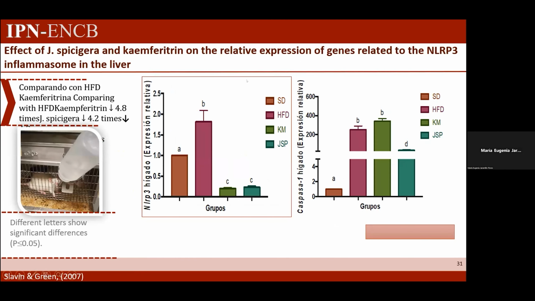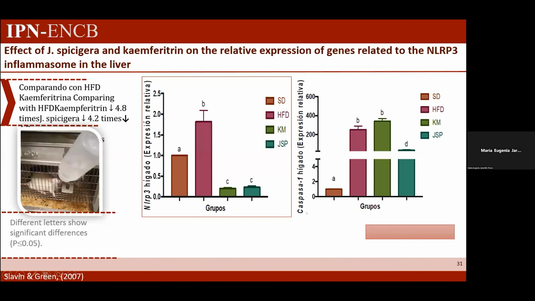In the case of NLRP3, an important pro-inflammatory protein complex, we obtain very high levels in the high-fat diet, but again, the treatment with kaempferitrin and Justicia spicigera reduces the levels of NLRP3.